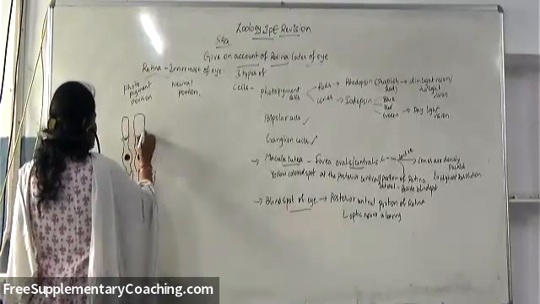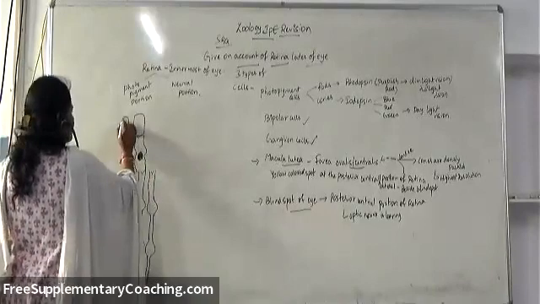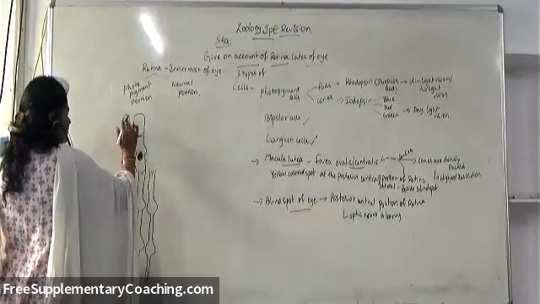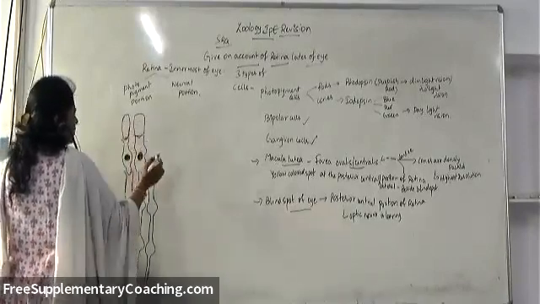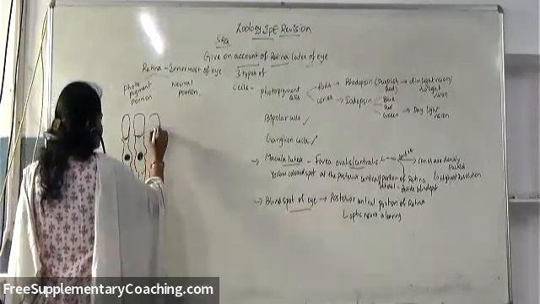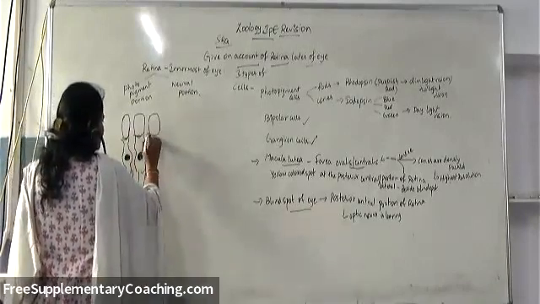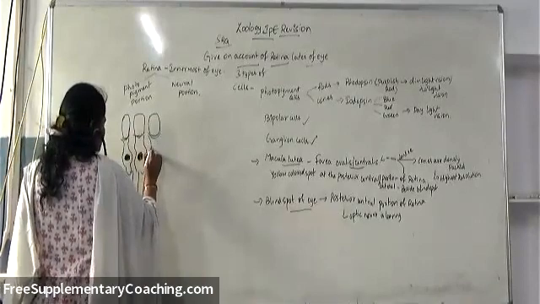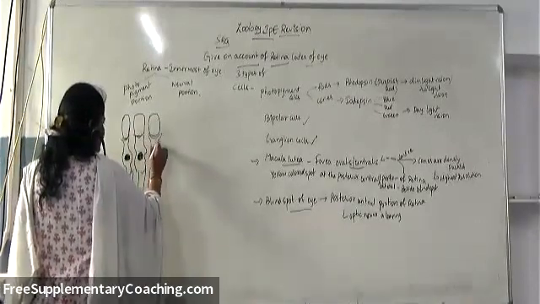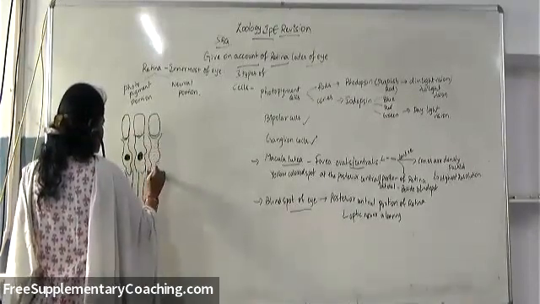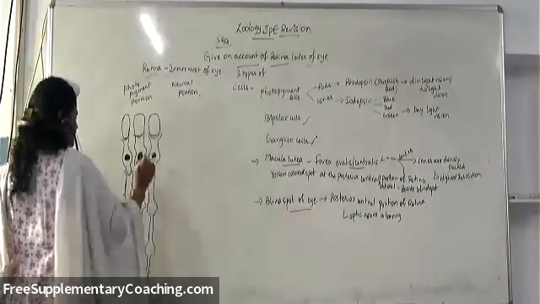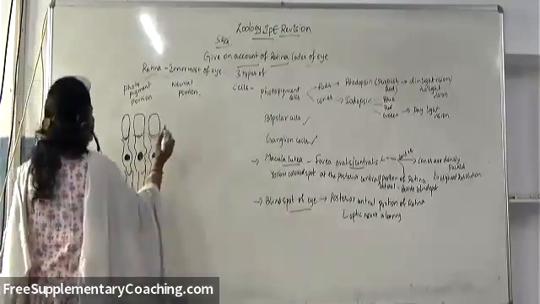On the top of this, again, the photopigment portion, which is the non-visual portion, will be present. And below that, you have the neural portion. So the neural portion is present.